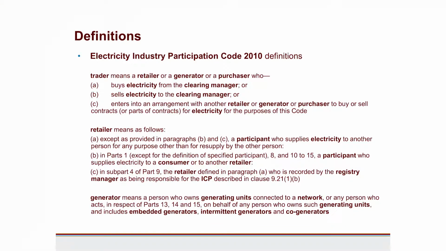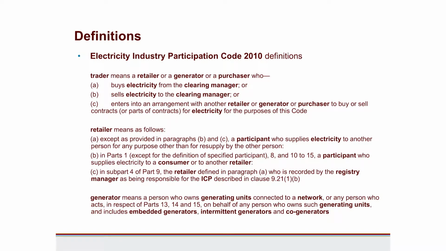But there are three different types of retailers, and I thought maybe we should just step through them, because it's not very well understood in the industry what the three layers of retailers actually are. So, first one, retailers that buy electricity from the clearing manager and sell to a customer are a trader. They're also a retailer.